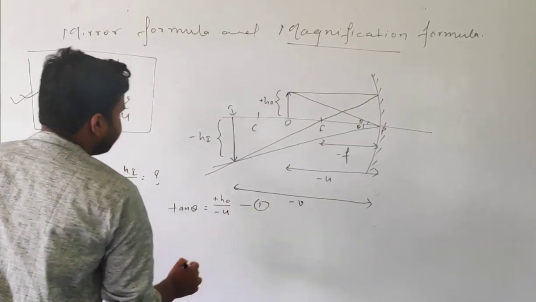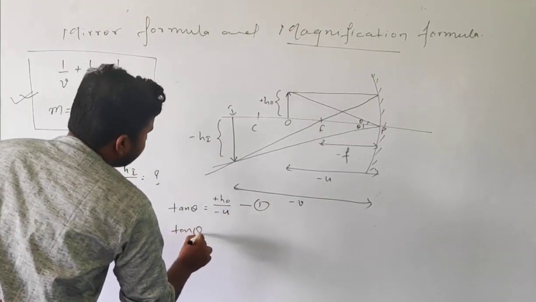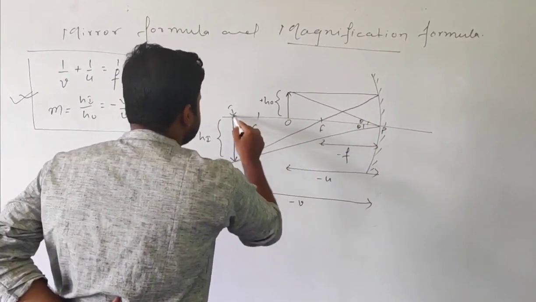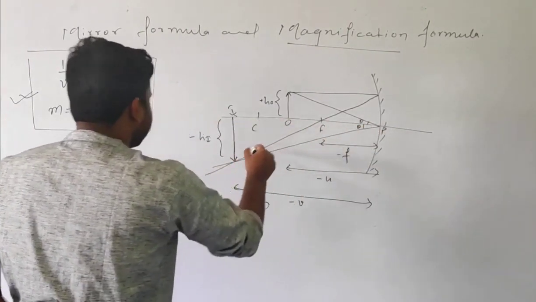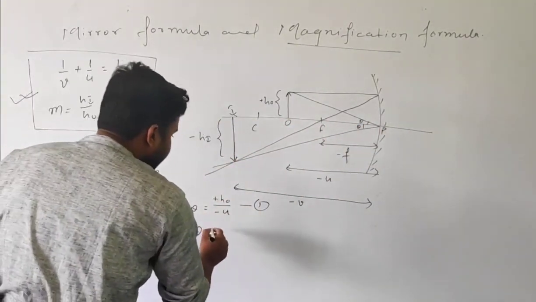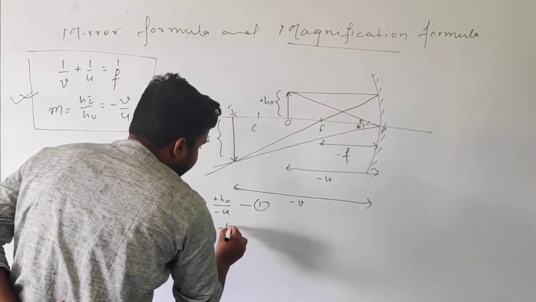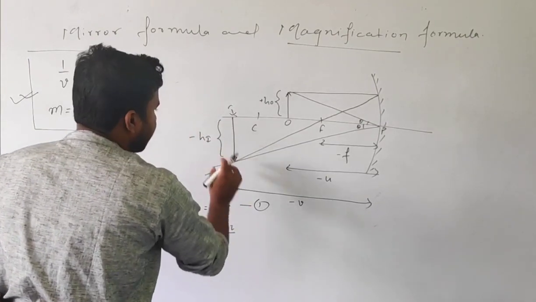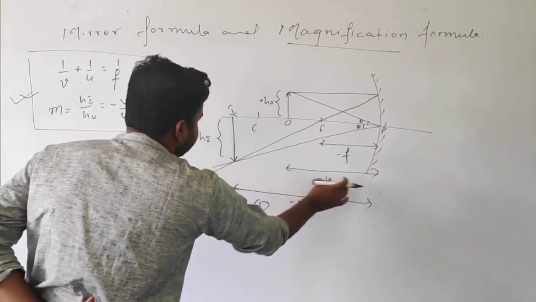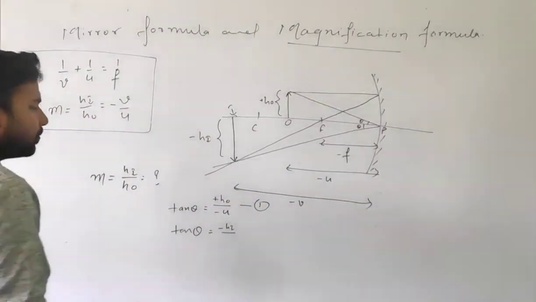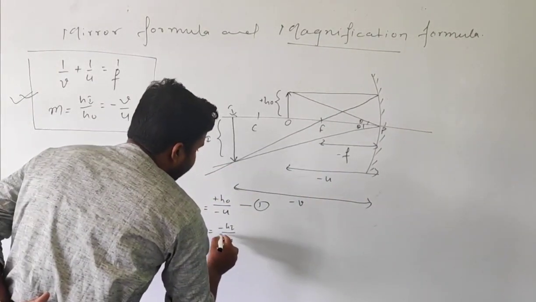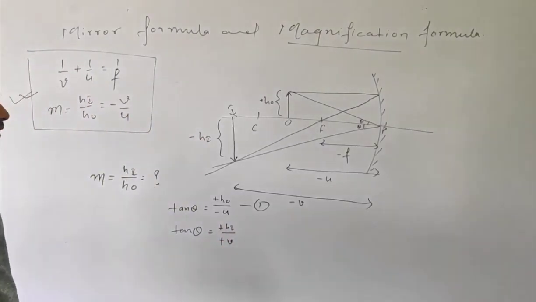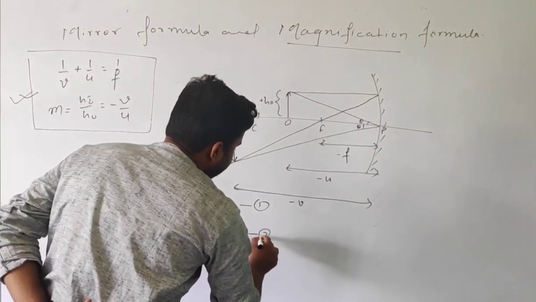This is the first relation. Similarly, in the lower triangle, tan theta is equal to minus hi, height of image, divided by the distance between image and pole, which is minus v. The minus signs cancel out. This is the second equation.